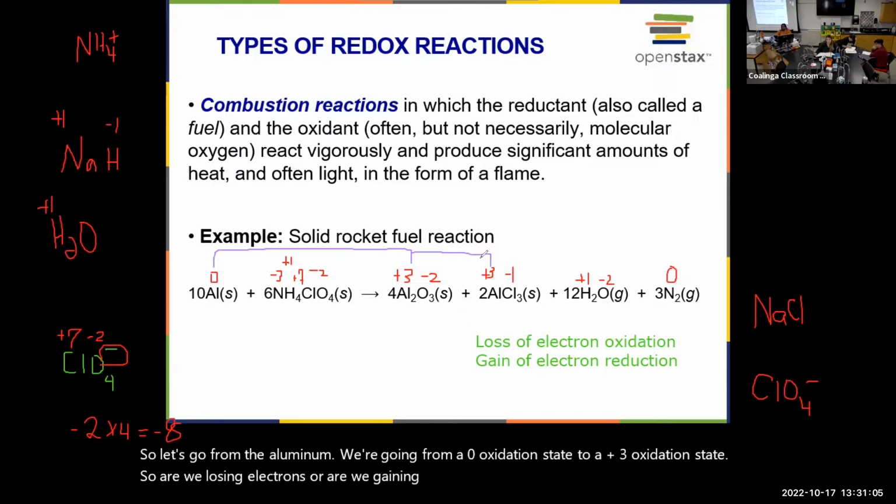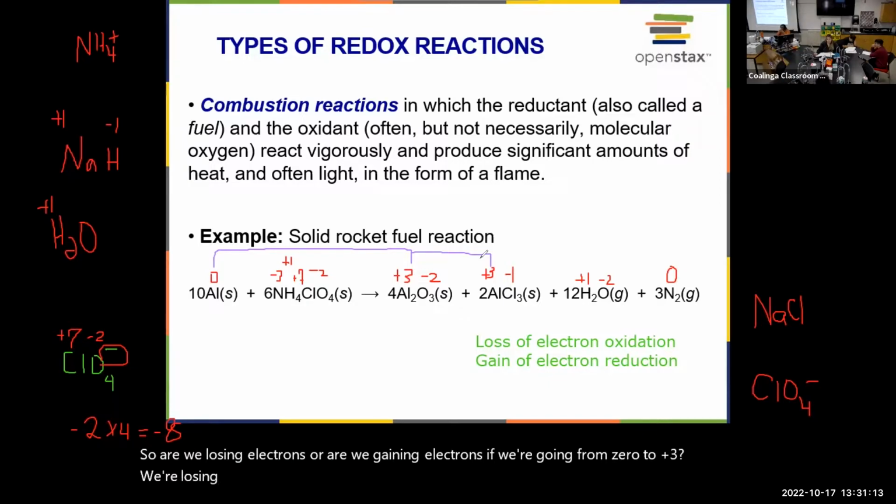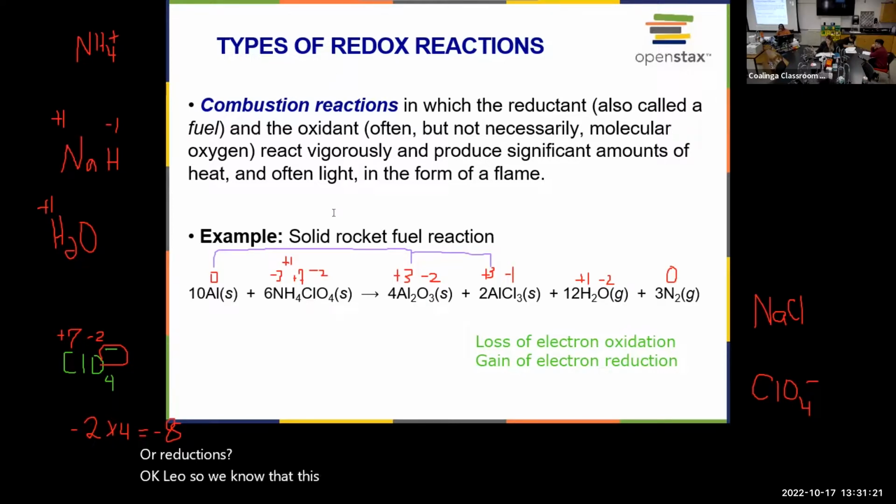We're going from 0 to +3, so we're losing electrons. Would that be oxidation or reduction? Okay, LEO, so this will be oxidation. So aluminum is being oxidized.